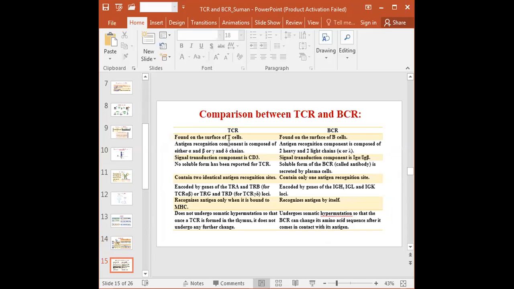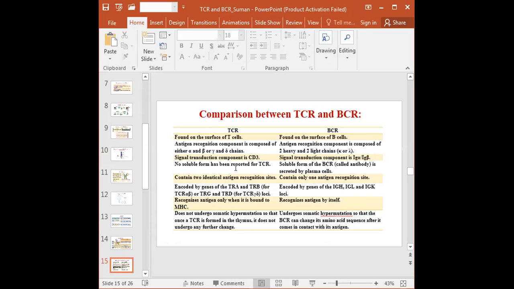The signal transduction component in the case of TCR is CD3, but in the case of BCR it is Ig alpha and Ig beta. TCRs are mostly insoluble, whereas BCRs can be soluble because they are mostly antibodies. And the BCR contains two identical antigen recognition sites, but the TCR contains only one antigen recognition site.